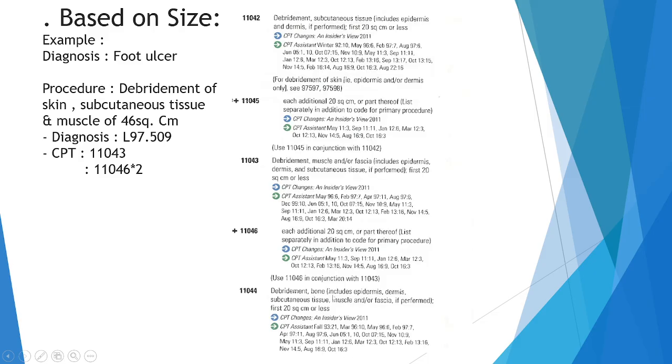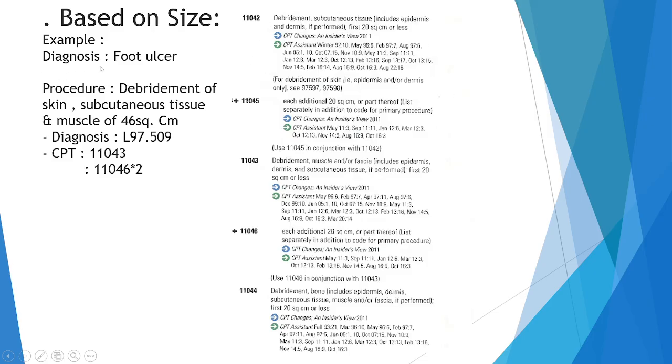One thing more: whether the subcutaneous tissue is in the leg area or in the hand area, regardless of the location, we will only consider the depth. We can calculate that depth and code like that.